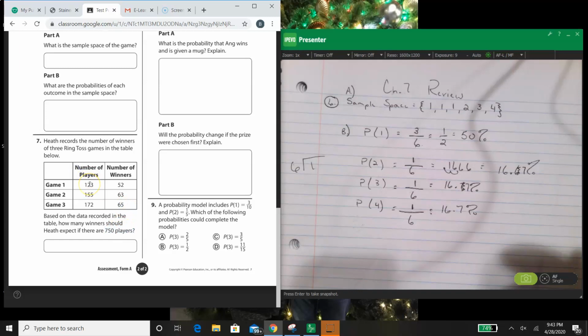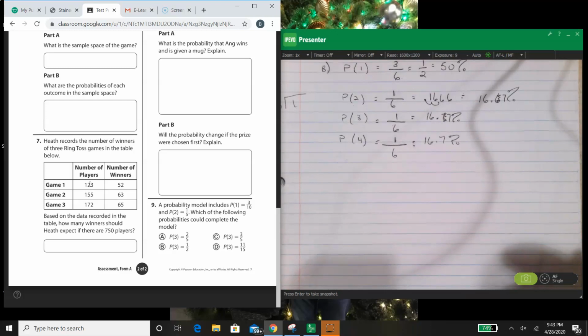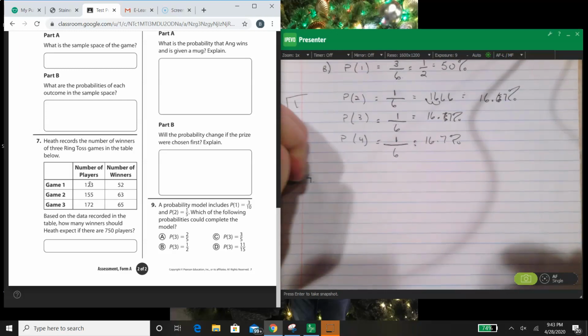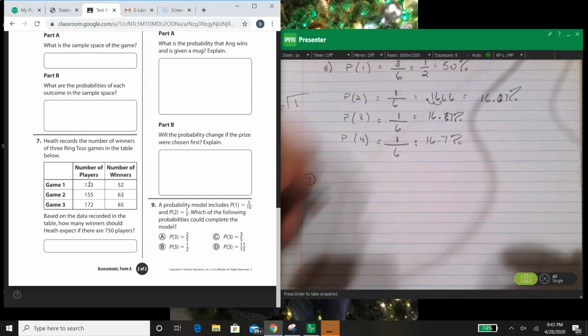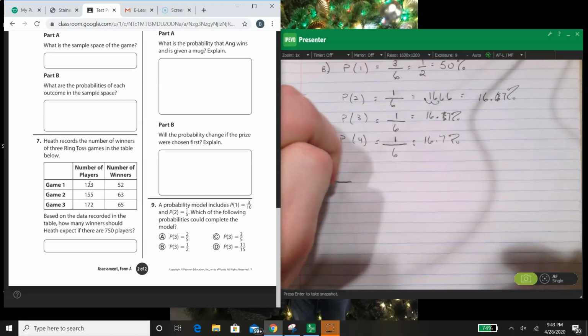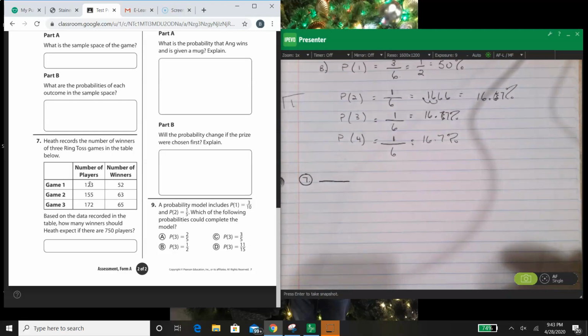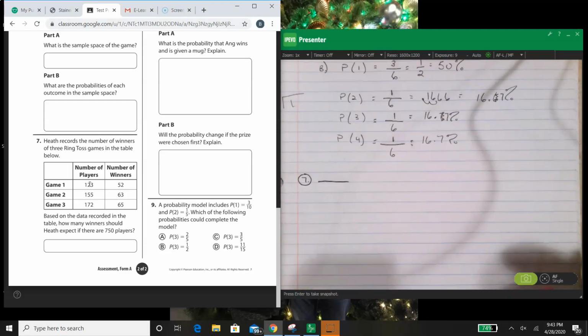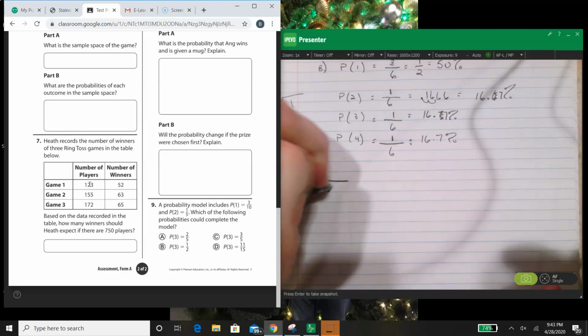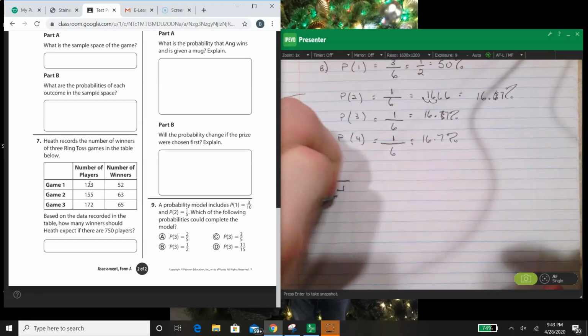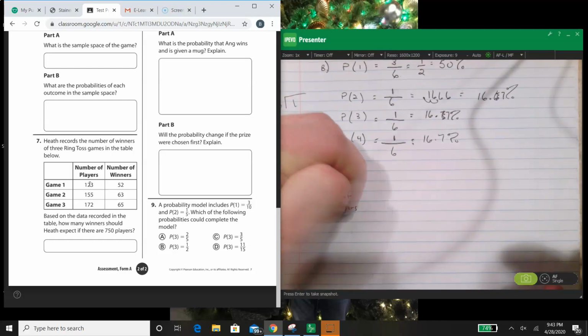So how can we do this, and how can we find about how many people there are? If we're doing probability here, I have a fraction, and that fraction is going to be something over something. Well, the denominator is always going to be your total, so it's going to be my total number of players.